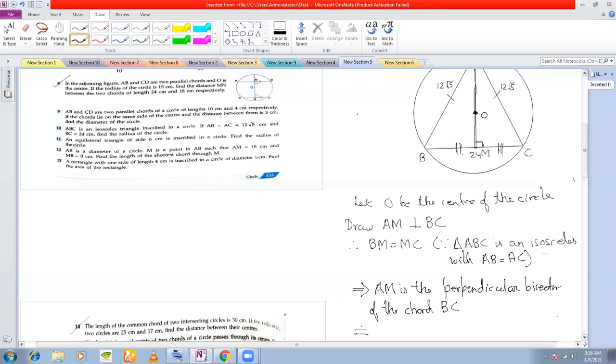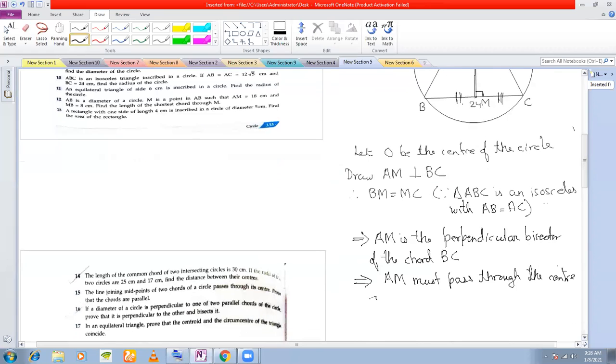That means AM must pass through the center O, must pass through the center O of the circle. Center O of the circle.